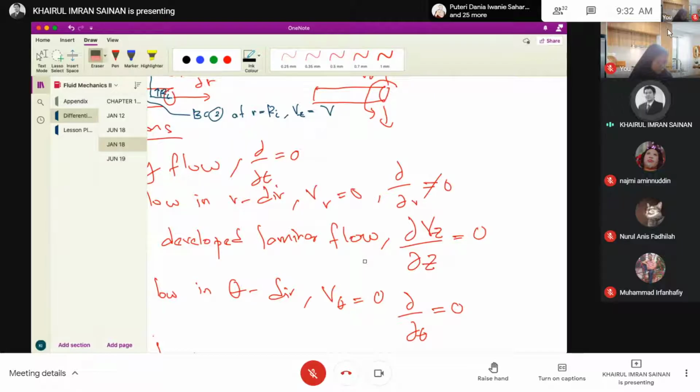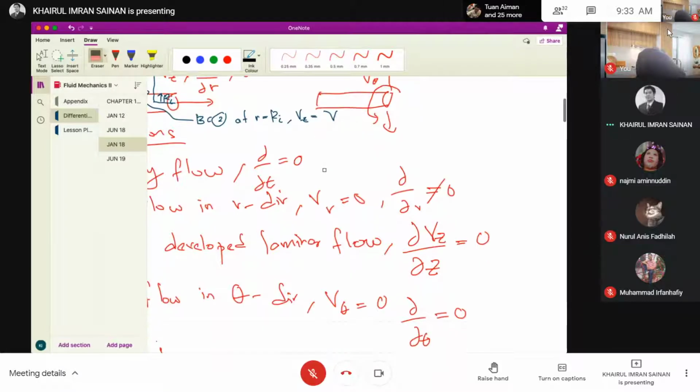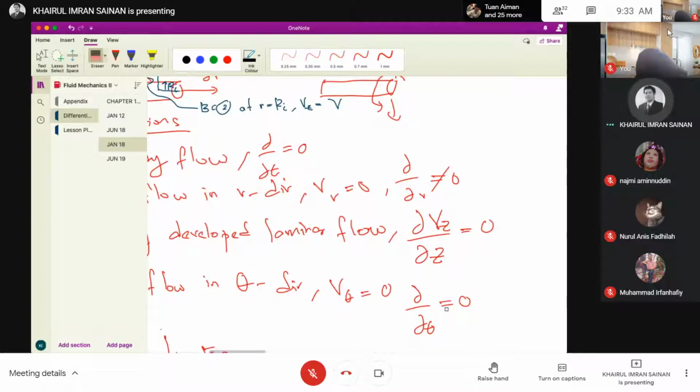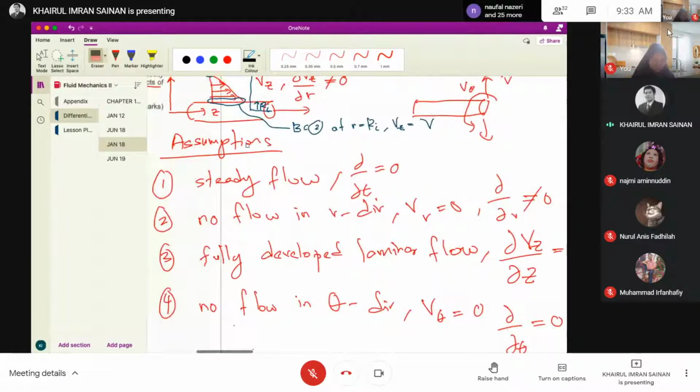Number 2 and number 4 must be accompanied by del over del r or del over del theta. Del over del r cannot be equal to 0 because you already established that. Del over del theta, yes, equals 0. So if you notice, we have 4 assumptions almost similar to the Cartesian coordinates that you've learned before.